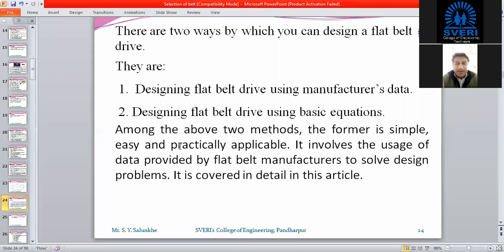Such catalogs are provided by the manufacturer, and the manufacturer mentions their capacity and all other related terms in the catalog. What we have to do is select the proper belt for the proper application. The rest of the procedure we'll see in the next lecture.